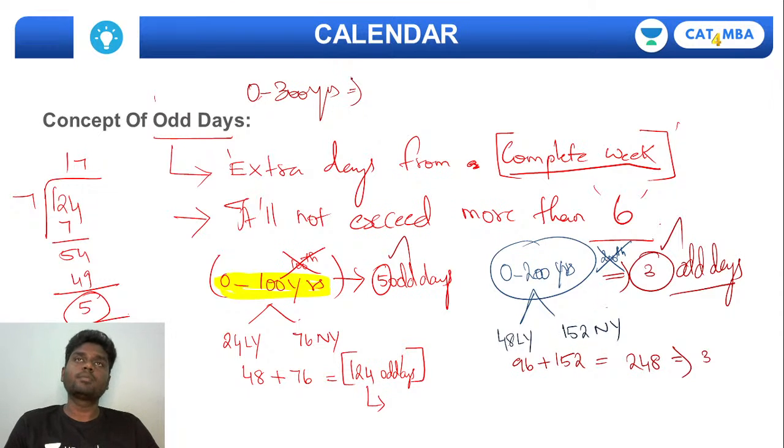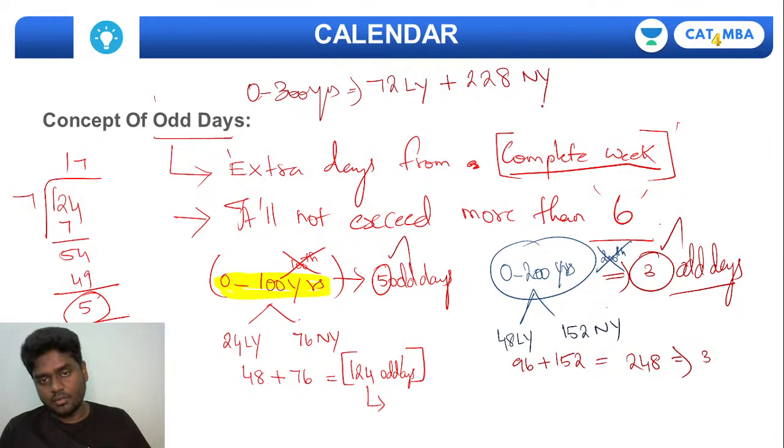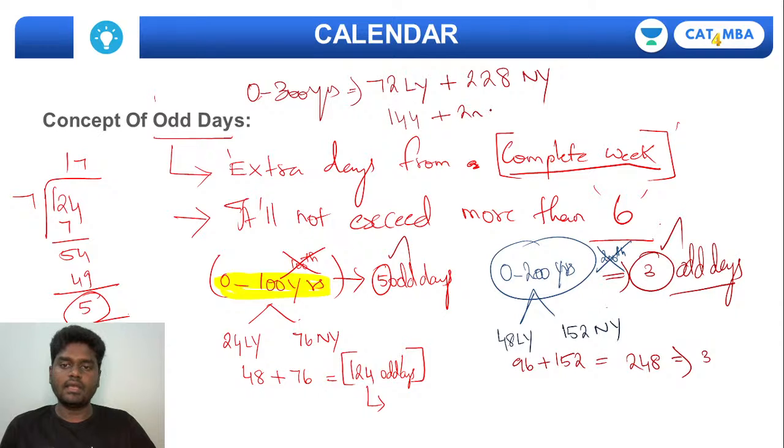So 24 plus 24 plus 24 gives 72 leap years, plus 228 normal years. 72 into 2, because a leap year has 2 odd days, gives 144, plus 228 gives 372. Sorting out 372 gives 1 odd day.